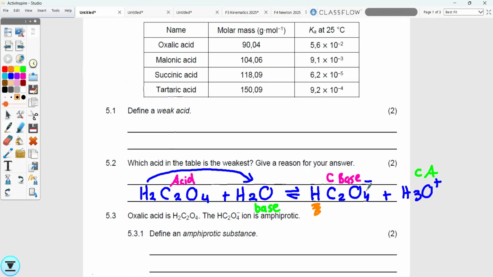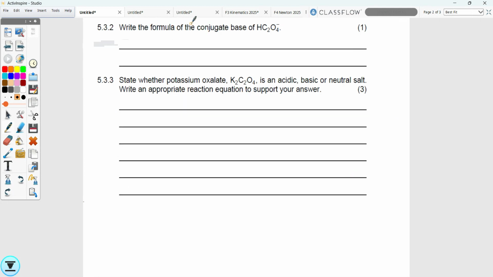If you look at this reaction, where do the conjugates sit? On the right. Okay, so please, if they ask you for this one, they want the conjugate base of that. So that means this must be on the left. So you're going to say HC2O4 minus plus another water.